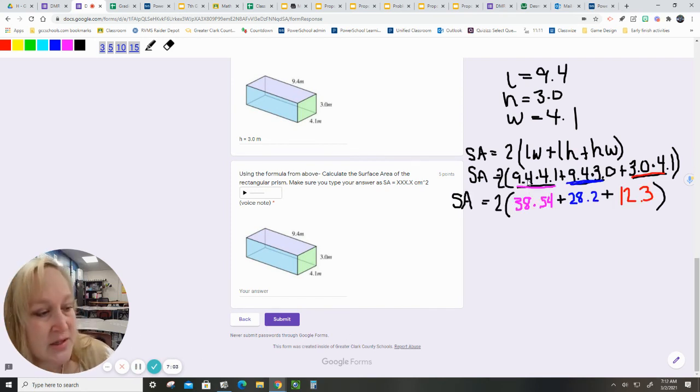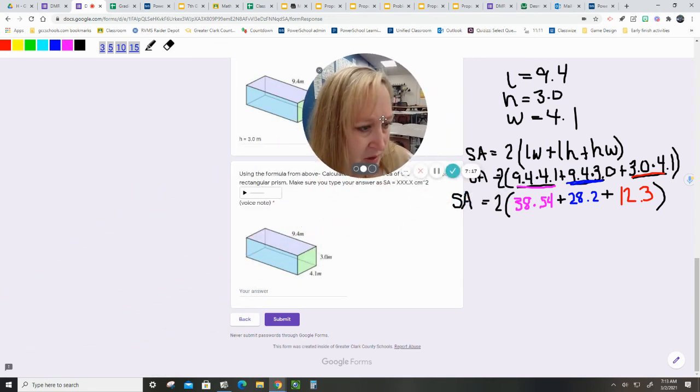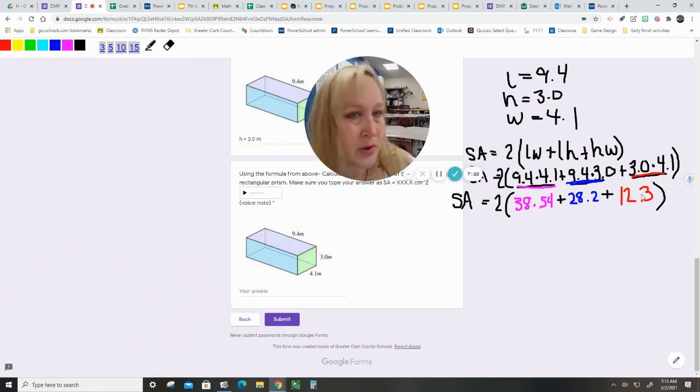Okay, so what I did is I multiplied these two numbers together and got 38.54. I multiplied these two numbers together and I got 28.2. I multiplied these two numbers together and I got 12.3. Okay. And then I brought down my 2, I brought down my parentheses, and now I'm simply going to add all of these together.